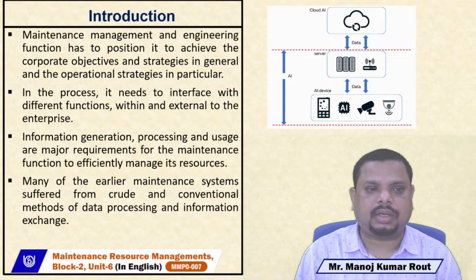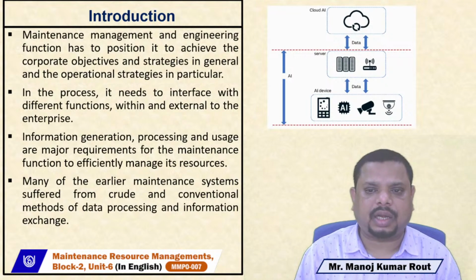So let's understand the overview of maintenance management. Maintenance management and the engineering function have to be positioned to achieve the corporate objectives. Then what is the corporate objective? To maximize profits, to maximize productivity, and to get higher quality.